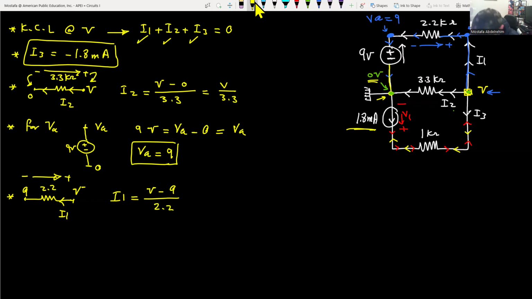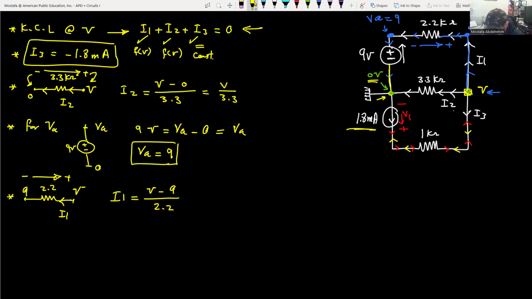So we get also I1. Look now, I3 is constant. That's very good. I2 is a function of V. I1 is also a function of V. So that equation, this KCL equation, had two unknowns before. Now it has just one unknown, which is V.